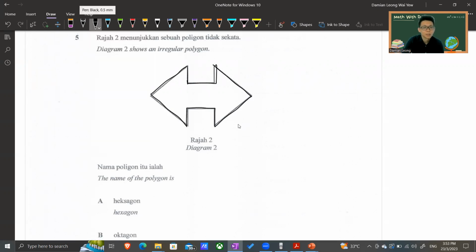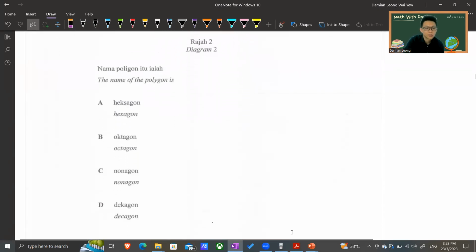So this is a 10-sided polygon. 10-sided polygon is decagon. Deca is 10. It's like decade is 10 years. Okay, so answer is D.